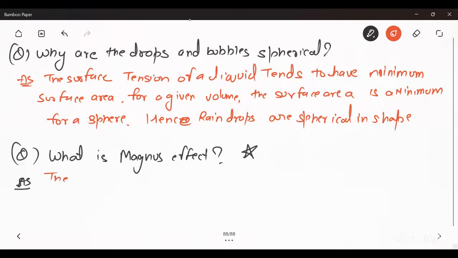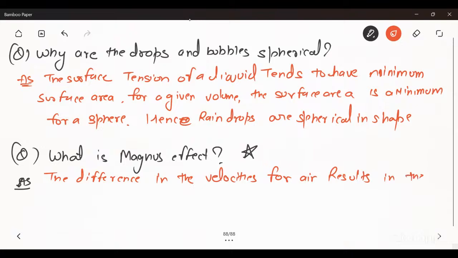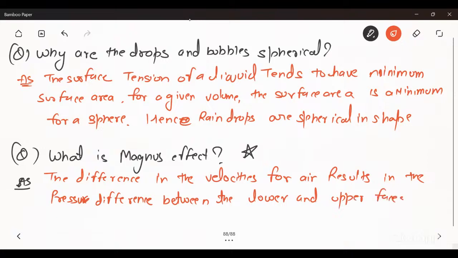The difference in the velocities for air results in the pressure difference between the lower and upper phases, and there is a net upward force on the ball.